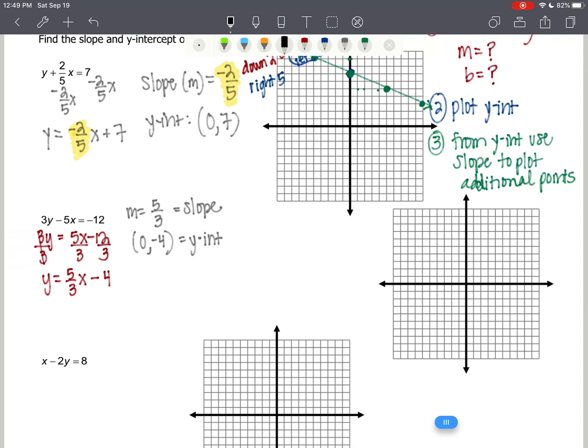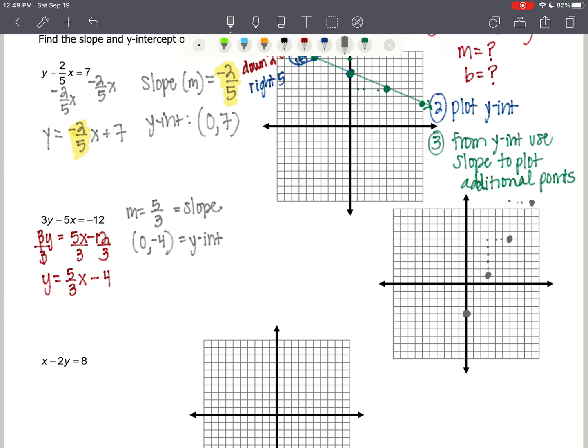So we're going to plot -4 on the y-axis, 1, 2, 3, 4. And then from that y-intercept, we're going to go up 5 and right 3. Up 5. 1, 2, 3, 4, 5. And then right 3. 1, 2, 3. Up 5 goes just off the chart, and then right 3 would be right there.